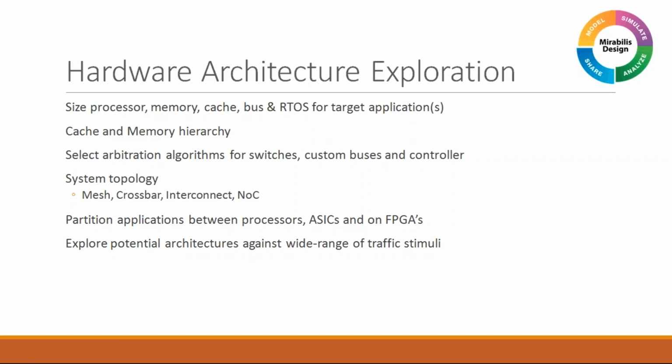So looking at the hardware architecture exploration, when we talk about hardware architecture exploration, it really means, well, what are the components that you're selecting and why you are selecting, and how you're defining your hardware topology itself, and how you are actually utilizing your hardware architectural resources to run a particular set of applications to achieve a better performance, things like that.